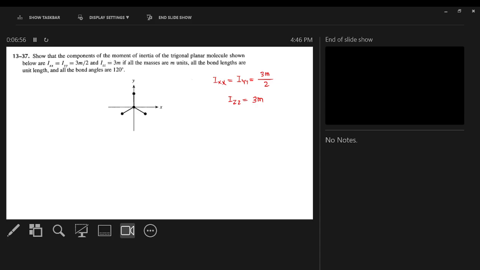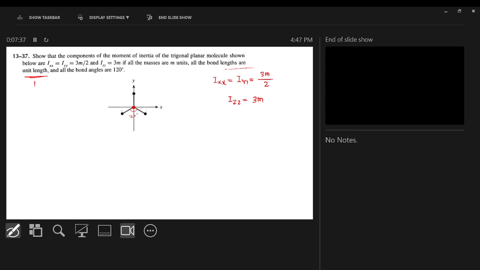So how can we solve it? This is your center of mass, and all the bond lengths are unit length, meaning 1. Bond length is 1, so we need this distance. This angle is 120.